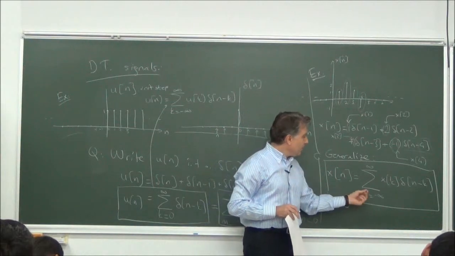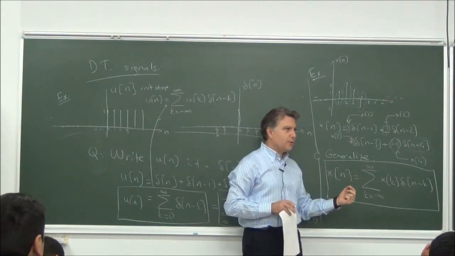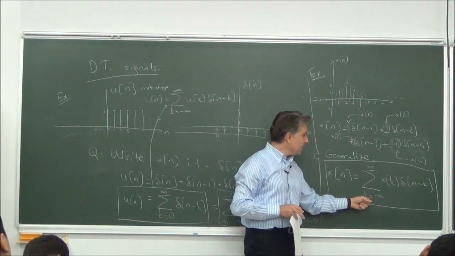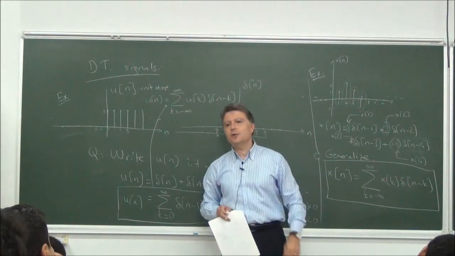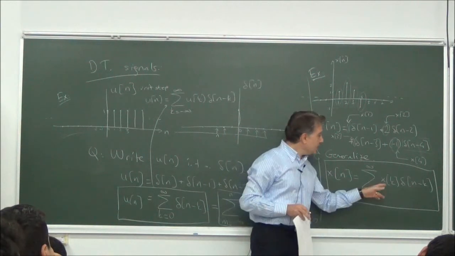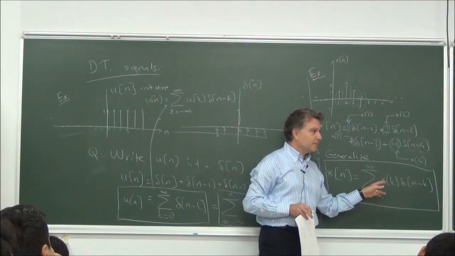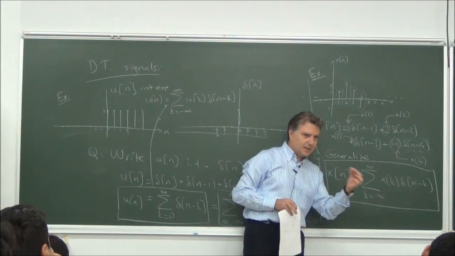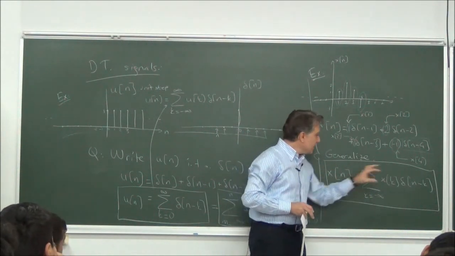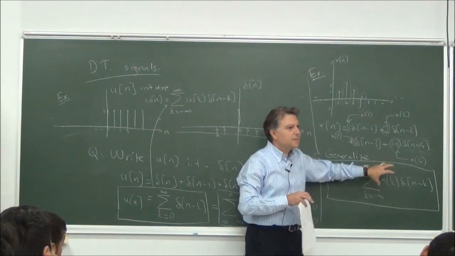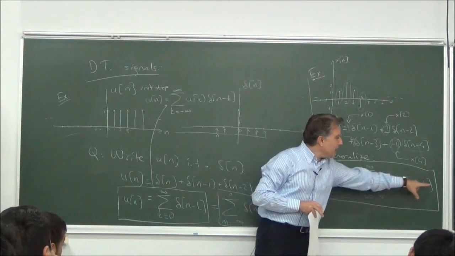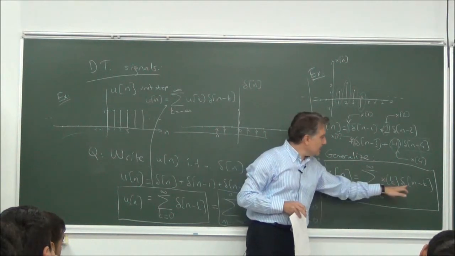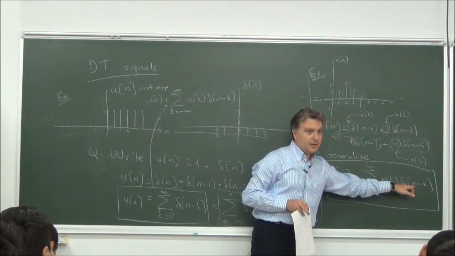Notice that for a certain value of k, for example k equal to 5, or k equal to minus 10, whatever, x of k is nothing but a value. It's a scale. Here, x of k is not a signal. It's a value, because k is some number. And delta n minus k, however, is a function, a signal, because it's in terms of n. It's a variable.